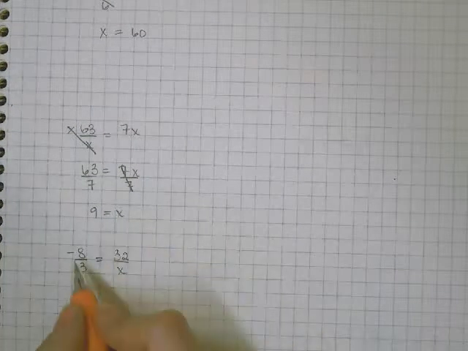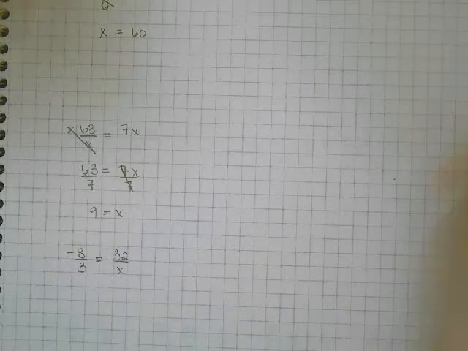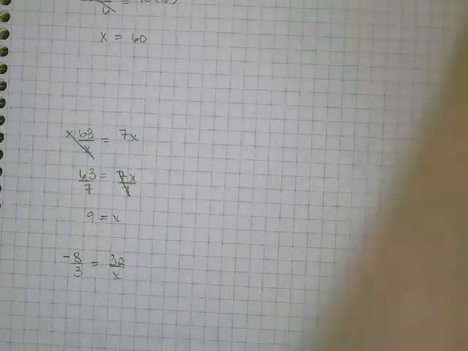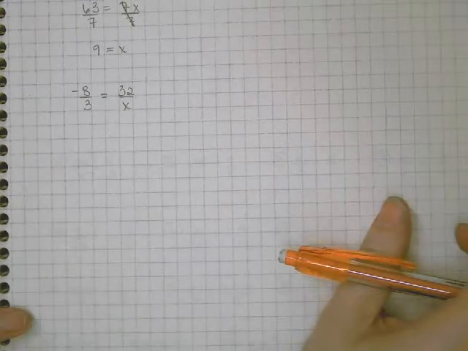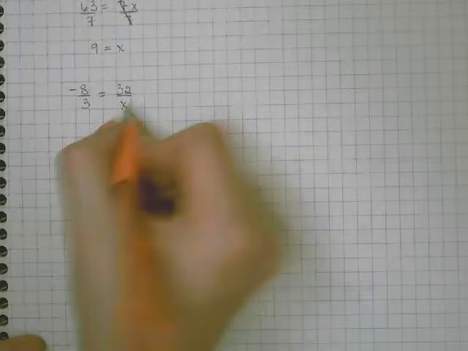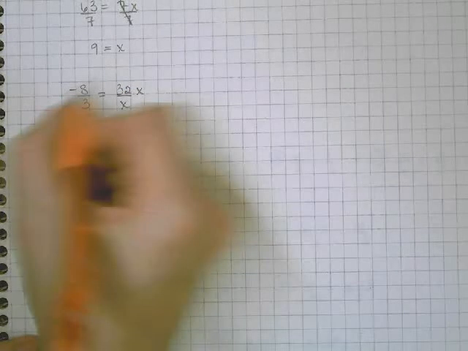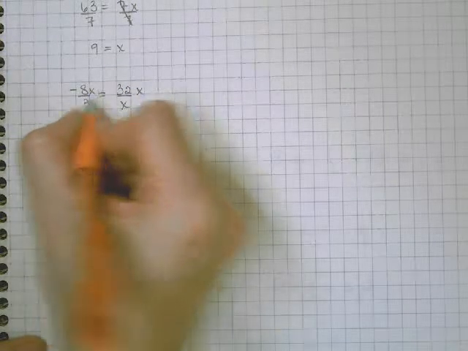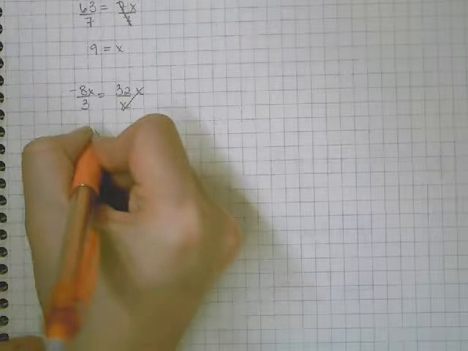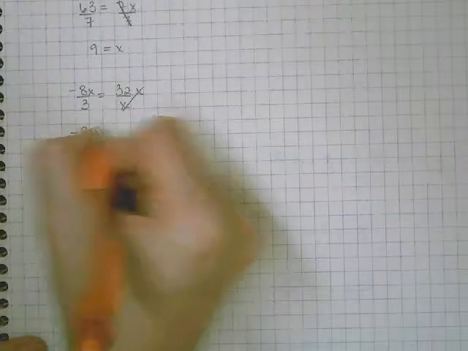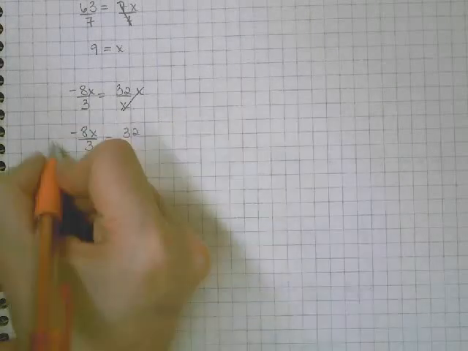Now, if I have a proportion, which is two fractions equaling each other, for all intents and purposes I can do the same thing. I can multiply both sides by x. So I have negative 8x equals 32, and then multiply both sides by 3.